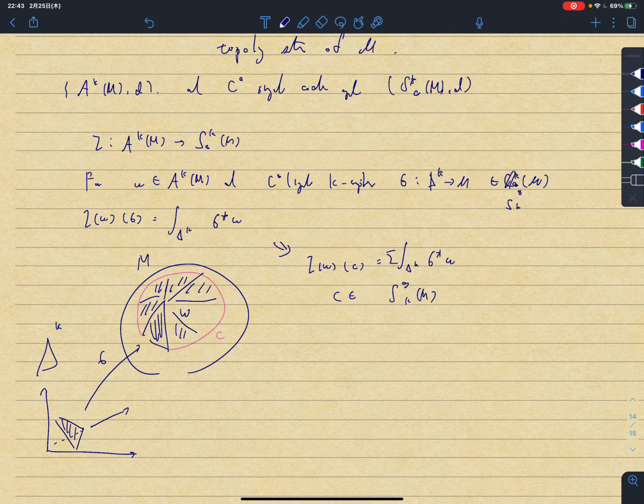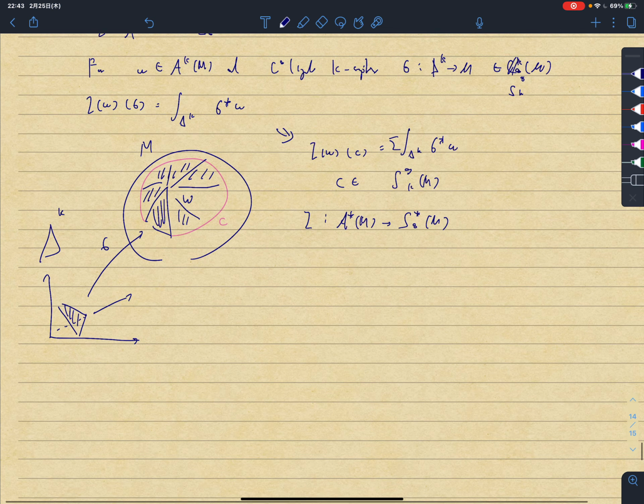Let us denote the collection of maps for each degree k by the same symbol I. Lemma: the map I is a cochain map.